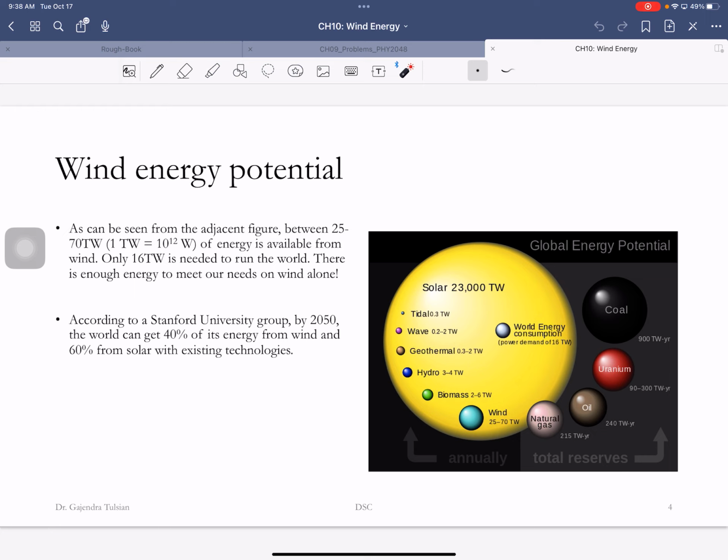Well, how much wind energy is out there? One of the first questions we want to answer is whether this is worth pursuing.